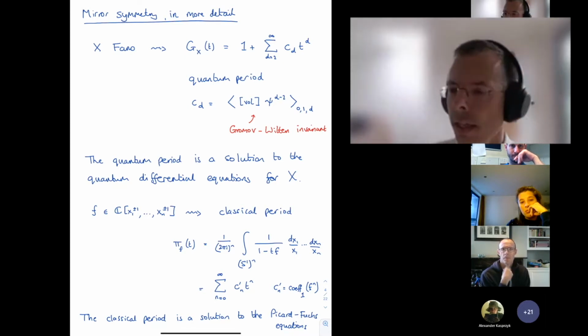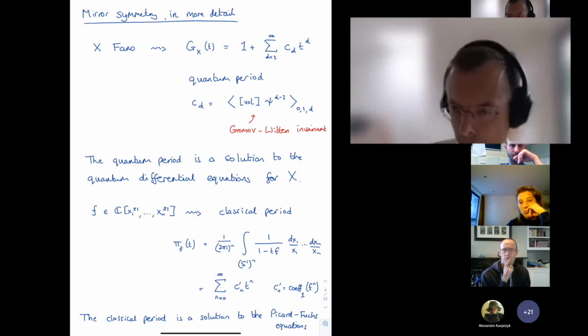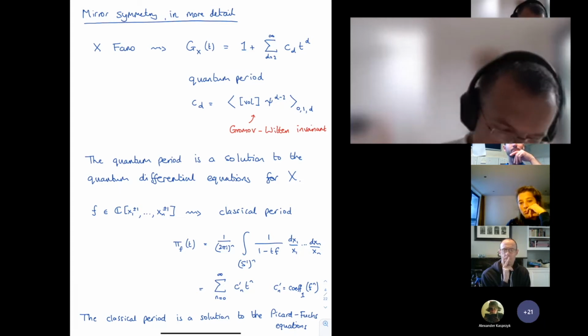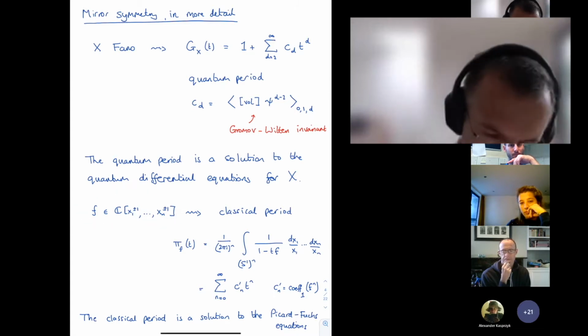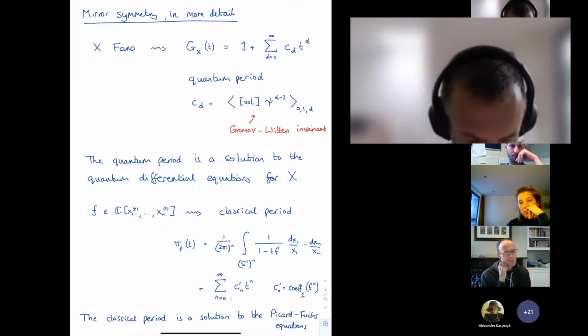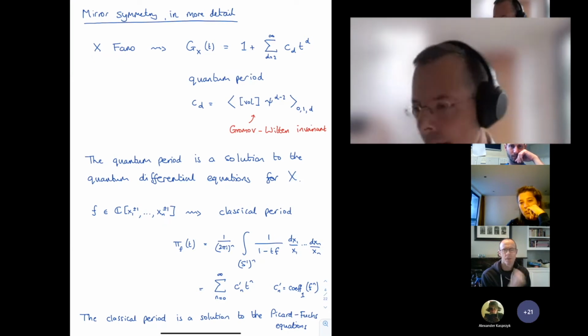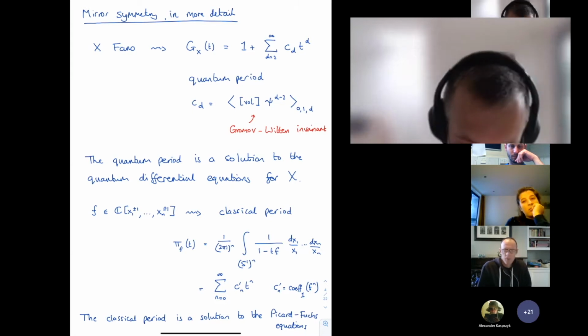Okay, so that's the object on one side of mirror symmetry, counts of curves in Fano varieties. On the other side, I've got a Laurent polynomial in n variables, where n is going to be the dimension of my Fano. If you give me a Laurent polynomial, I can define the classical period.